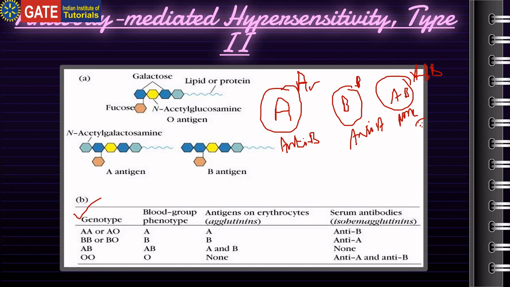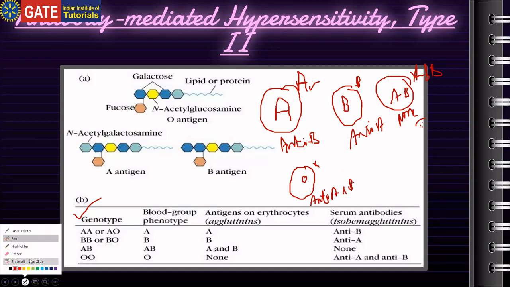So there will be no antibodies in the serum. Now, if you look into blood group O, what kind of antigen will be present on the surface? There will be no antigen. And what kind of antibodies will be present in the serum? Anti-A and anti-B. This we all commonly know.